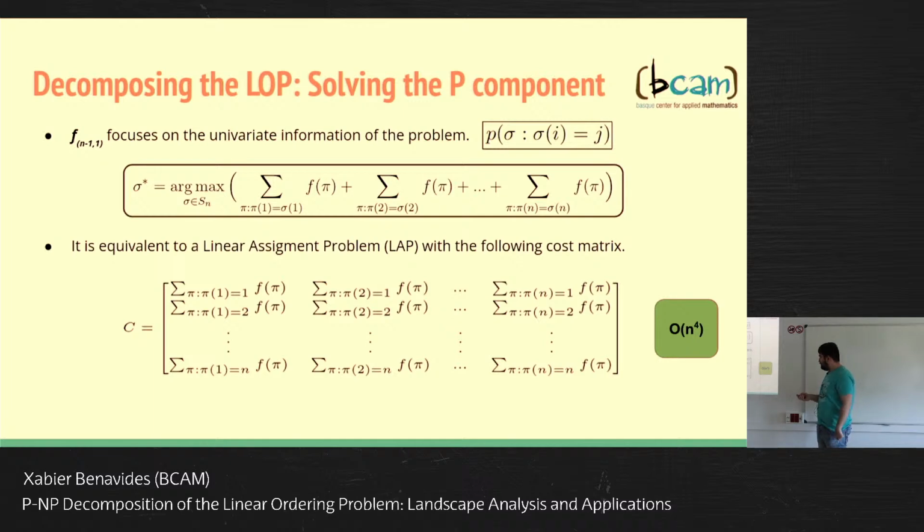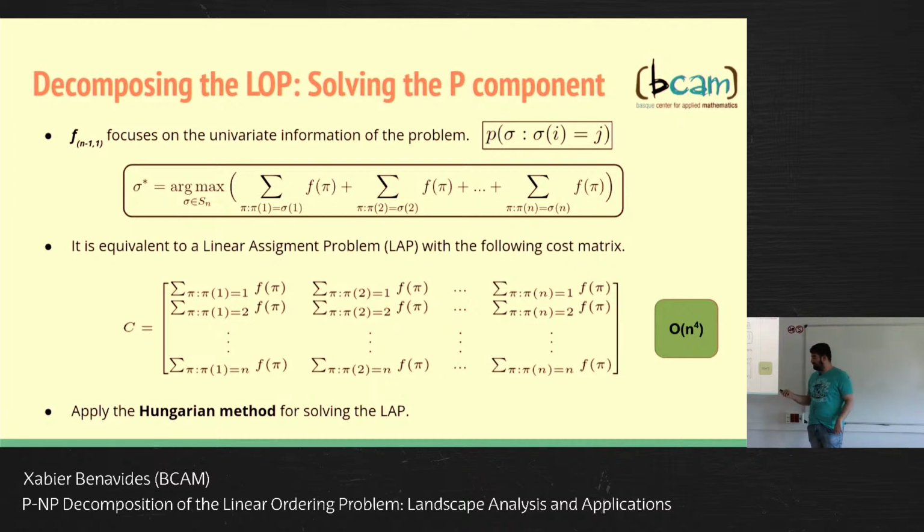So therefore, once we compute this cost matrix, the last step is to just apply the Hungarian method or any other method for solving the linear assignment problem to this cost matrix right here. Doing so, we will obtain the global optimum of this linear assignment problem, and therefore we will obtain the global optimum of the f_(n-1,1) component of the Fourier transform.